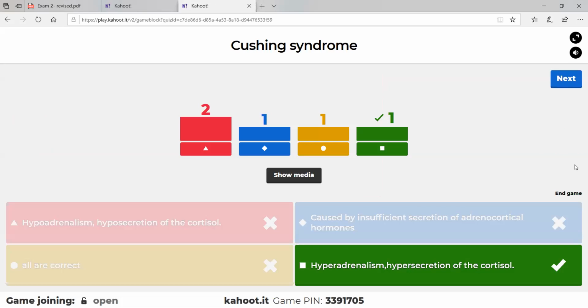So remember, Cushing's is the opposite of Addison's. So now we're secreting too much of those hormones. So I wanted to put this in here on purpose because sometimes you'll see Cushing's called, I can't say it, adrenalism, that's what I'm trying to say.